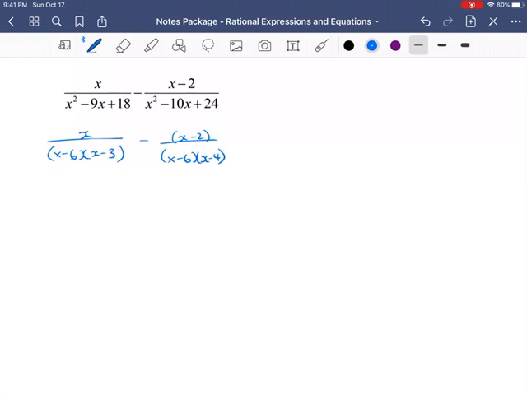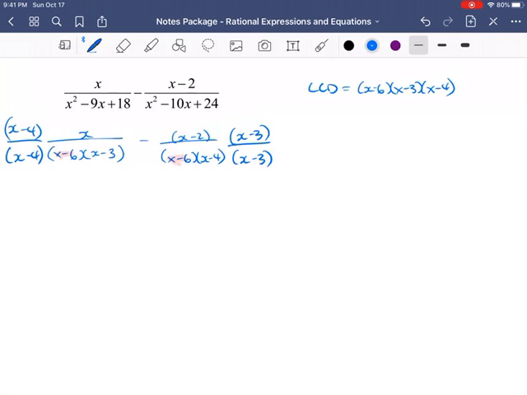Okay, so it's handy that the x minus 6 is common to both, but the right side is missing the x minus 3, and the left side is missing x minus 4. Okay, so the LCD is actually all three of those terms multiplied together.